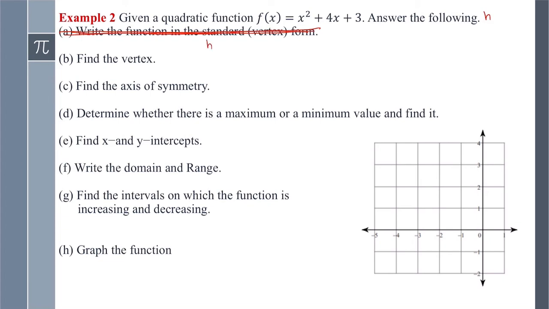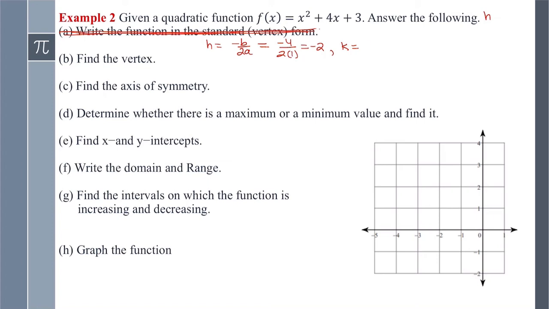So the h coordinate is given by -b/2a. Okay. Now here b is 4, so -b means -4 over 2 times a. The coefficient of x squared is just 1, and that gives us -2. Now the k coordinate or the y coordinate of the vertex is given by just finding the value of the function at -2.